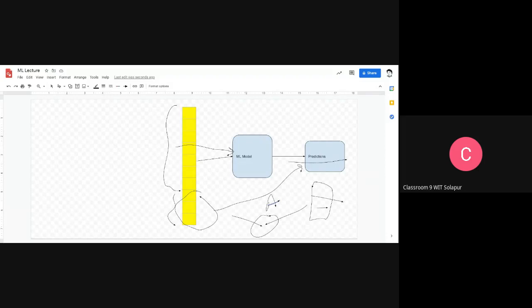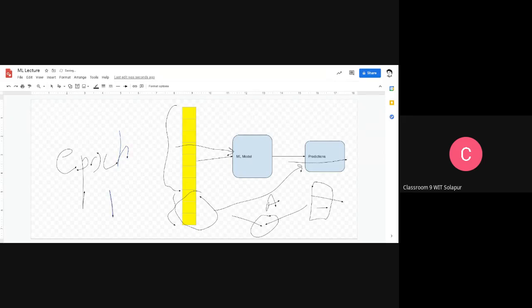So in machine learning we use a term called epoch. Epoch indicates the number of passes the machine learning algorithm has completed over the entire training data set, right? What does epoch 1 mean?